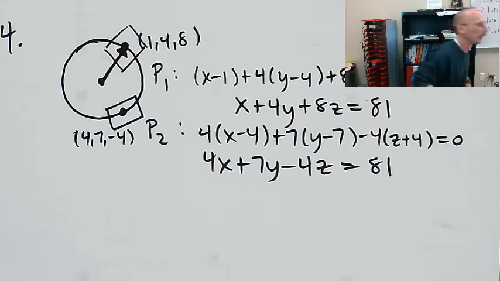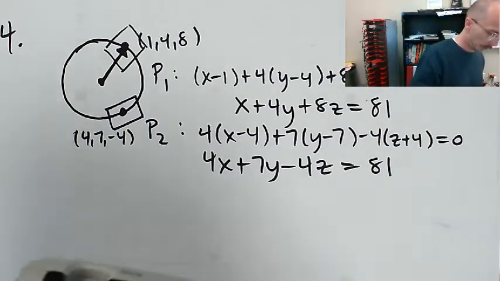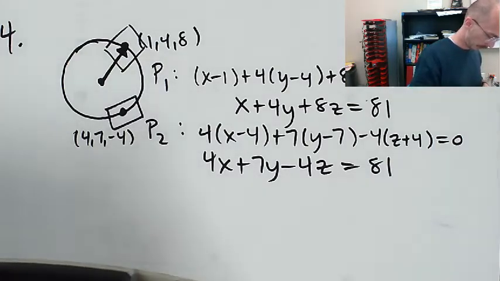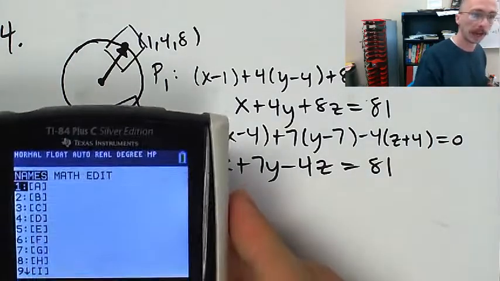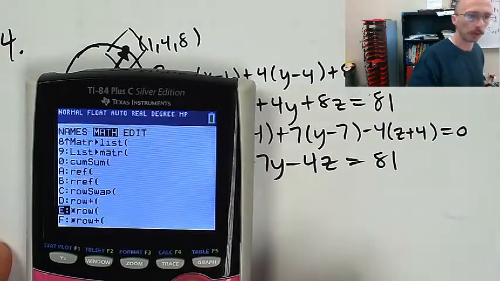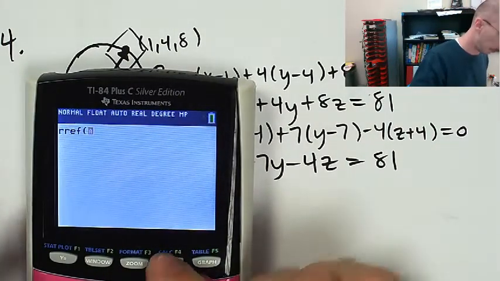I mean, not really. I'm sure we could do this by hand, but if I'm being honest, I'm in a bit of a hurry. I'm trying to get this done real quick, and so I'm going to call on matrix math. I'm going to row reduce a matrix that I'm about to put in.